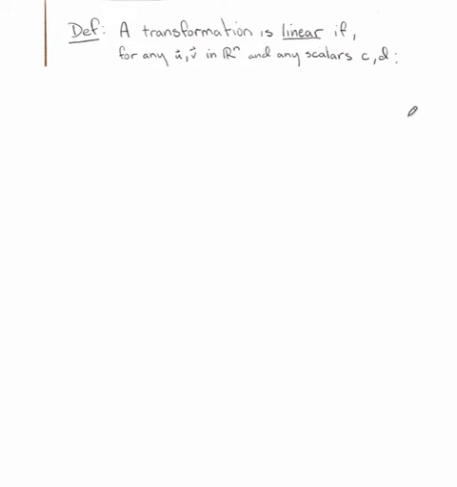Okay, so let's talk about linear transformations. A transformation is linear if, for any u and v in Rn and any scalars c and d: 1, T(u + v) is equal to T(u) + T(v). 2, T(cu) is equal to c times T(u).